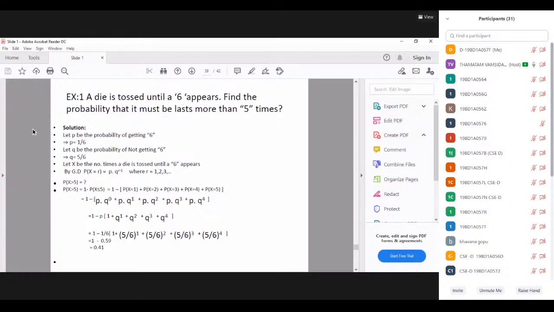When a die is thrown, what is the probability of getting a number 6? 1 by 6. Very good.